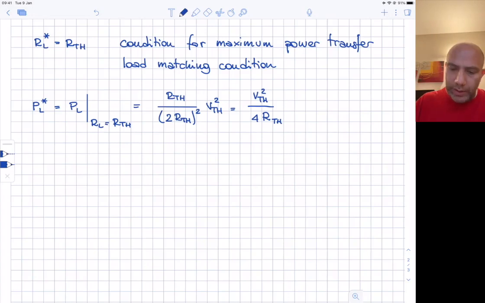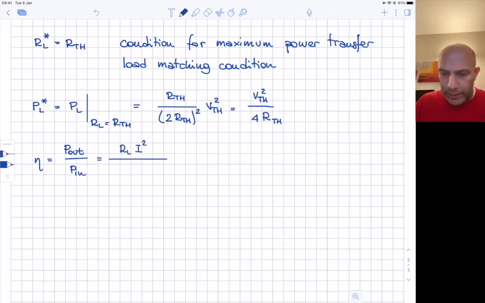If we want to calculate the efficiency of this system, eta, as always, is the output power divided by the input power. The output power is the power delivered to the load, so it is RL times I squared, while the input power is the power delivered to the load, RL I squared, plus the power that is absorbed by the Thevenin's resistance, RTH I squared.